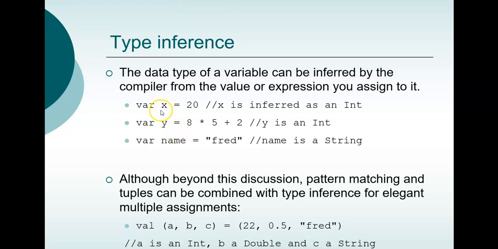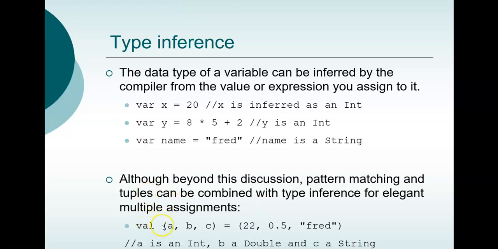In some situations, you may decide not to include the data type, but because of the value that has been assigned to the variable, the compiler will infer and determine the data type based on that value. So in this second bullet, you can see that we can use a tuple for assignment.